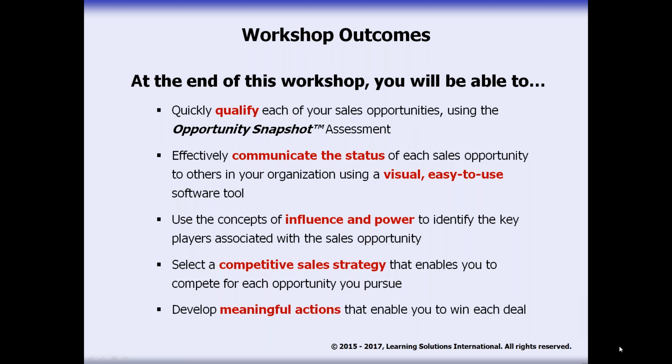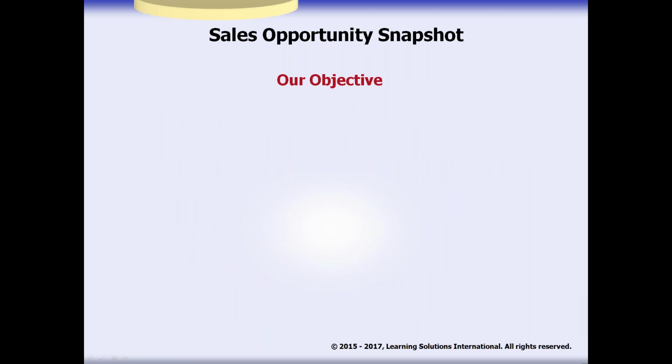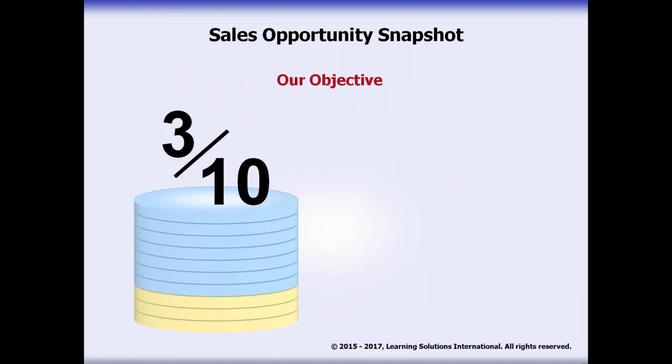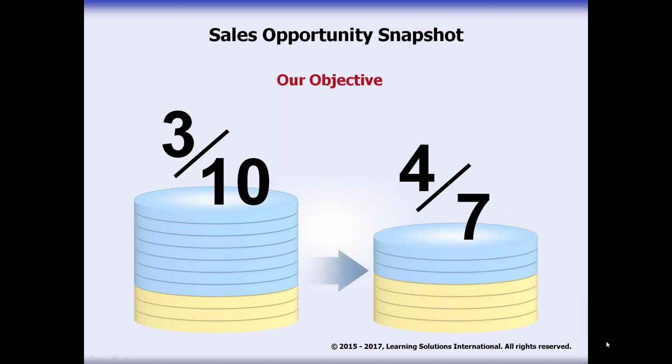So we're going to effectively communicate the status of the sales opportunity, look at the key players, create a sales strategy. And basically what we're trying to do, our overall objective, is to go from closing 3 out of 10 deals to closing 4 out of 7. And what's the importance of that number there, the number 7? Well, what we're going to be able to do with the Sales Opportunity Snapshot is effectively qualify out 3 of those 10 opportunities almost immediately.